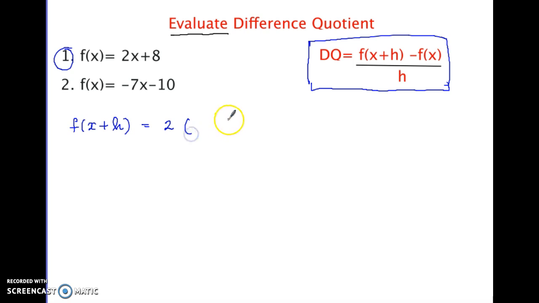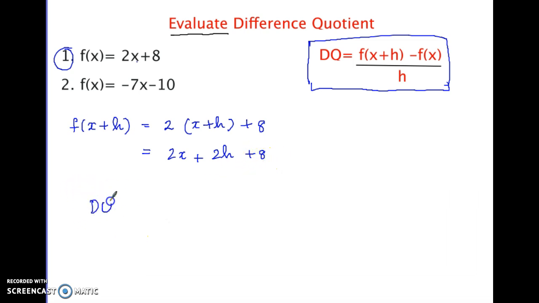F of x is 2x plus 8, so instead of x, you plug in x plus h. Then you distribute and combine like terms. 2 times x is 2x, 2 times h is 2h, and you get plus 8. So f of x plus h is 2x plus 2h plus 8.